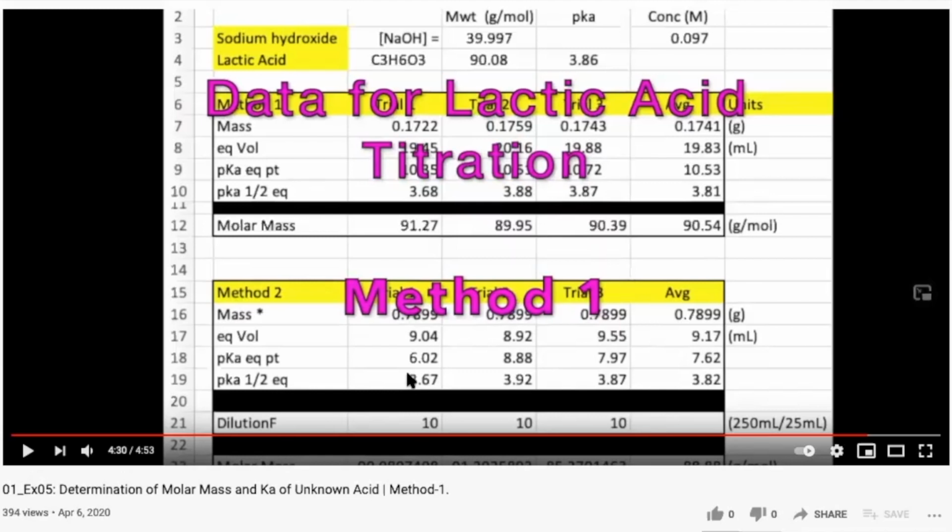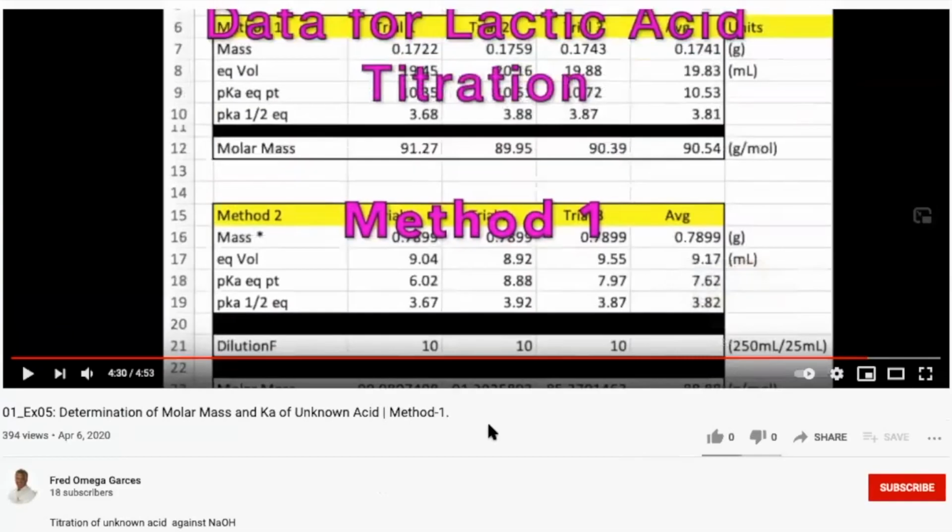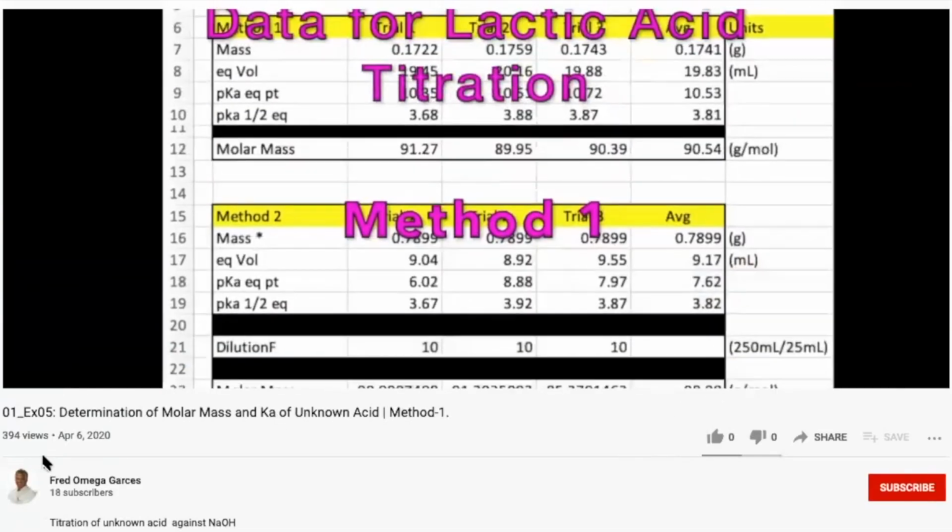It's 3.67 for the first trial, 3.92, 3.87 for that, and the average is 3.82. This pH at halfway to the equivalence should be very close to method 1 to show consistency. And then, of course, let's move on with this video.